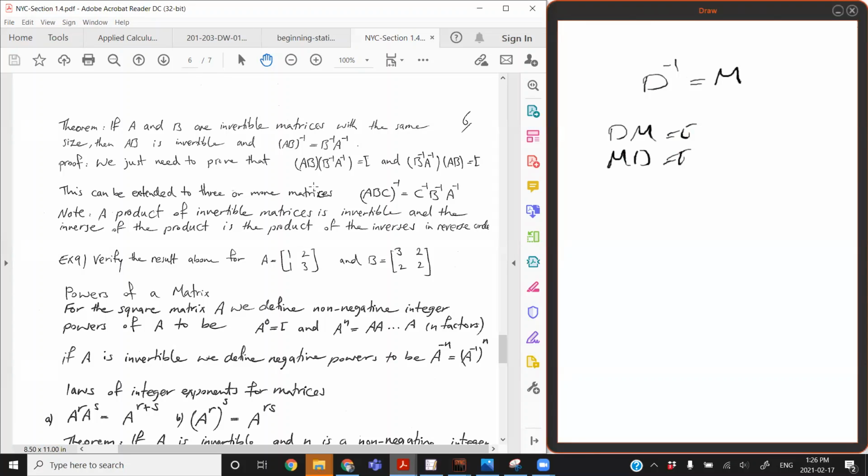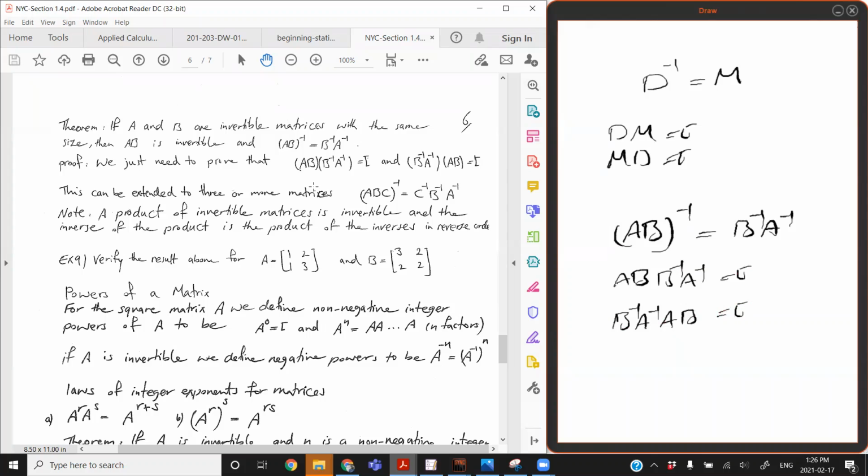So in this particular case, I'm trying to prove that the inverse of AB is B inverse A inverse. So I would have to show that AB times B inverse A inverse, and in the other order, B inverse A inverse times AB, both equal I. And it's very easy to prove these two. Make sense?